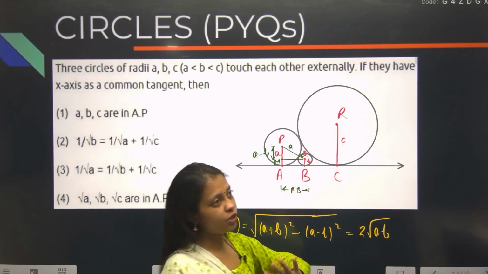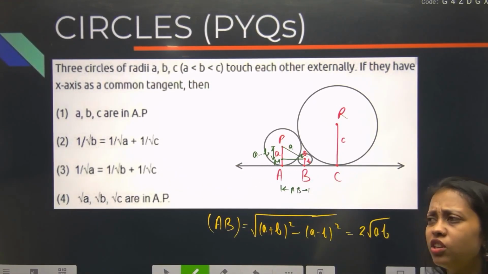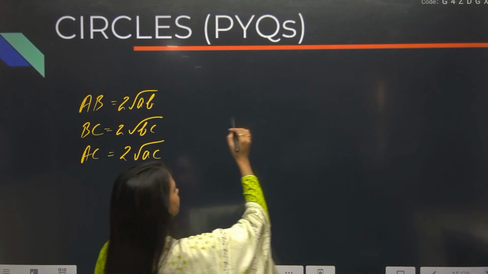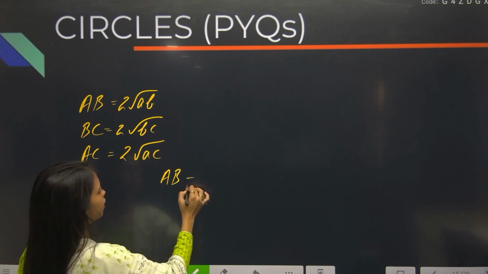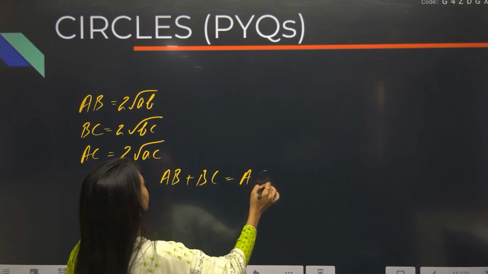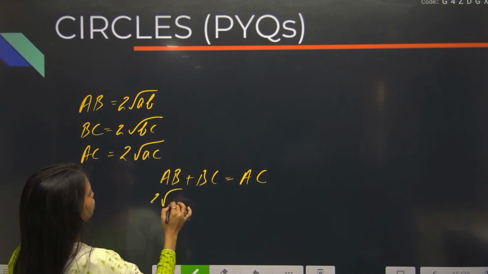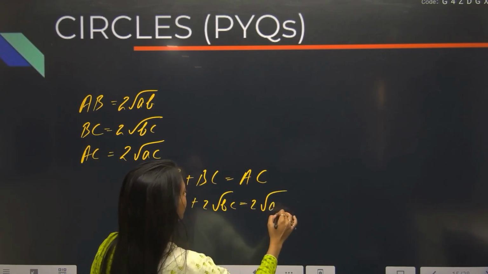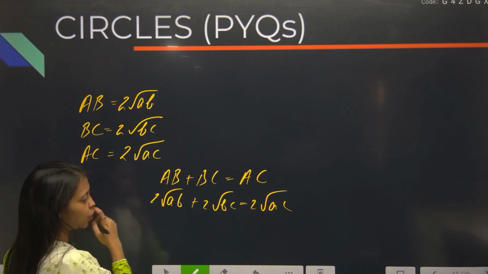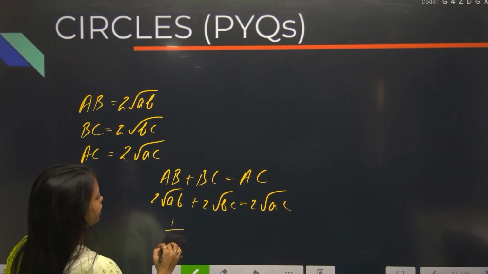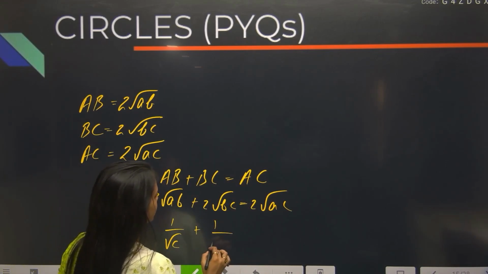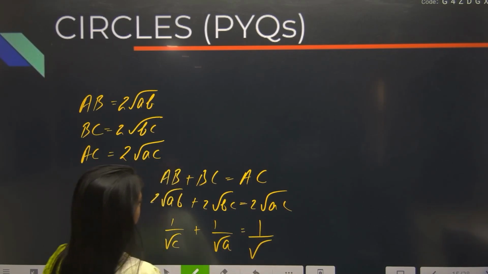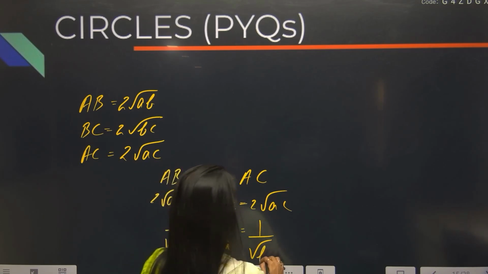So AB plus BC is equal to AC. You have to establish a relation, right? So that's your relation. AB plus BC is equal to AC, so root AB plus root BC is equal to 2 root AC. Divide by 2 root ABC, you get 1 by under root C, plus 1 by under root A, is equal to 1 by under root B.